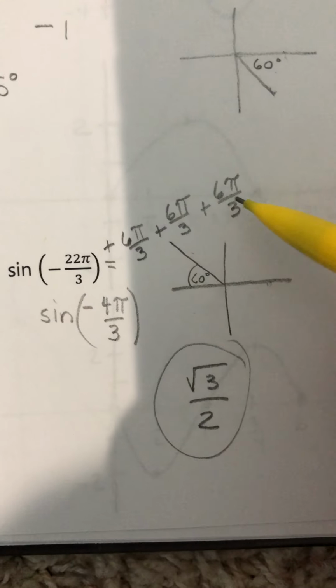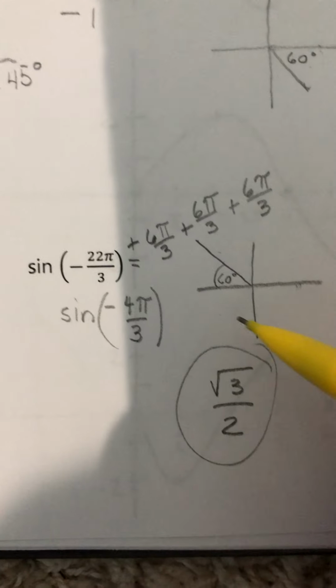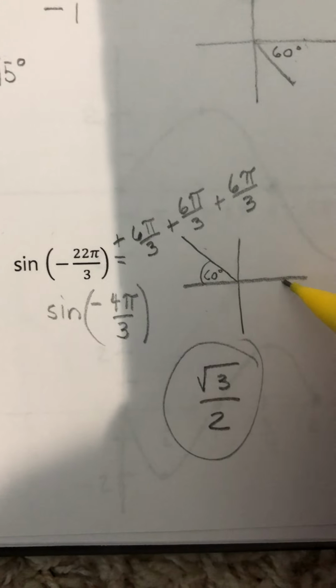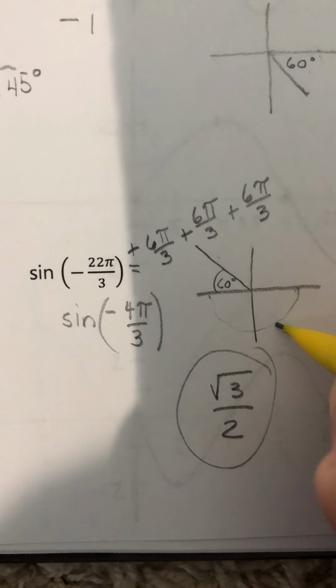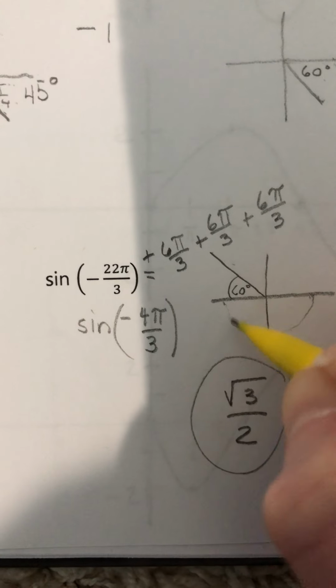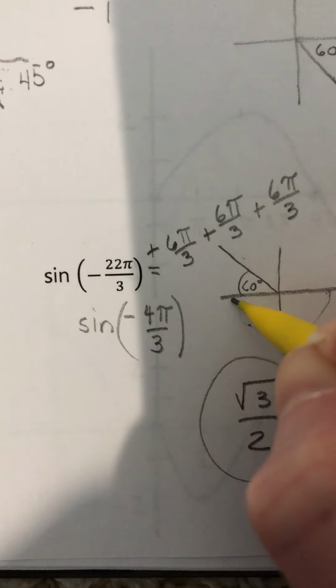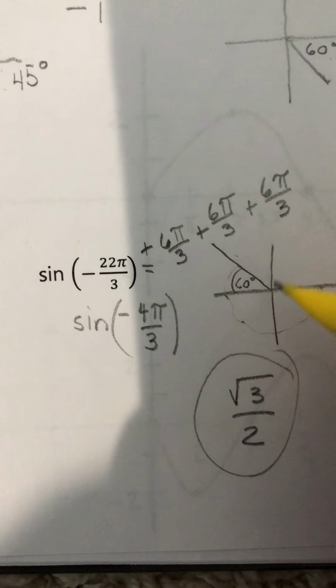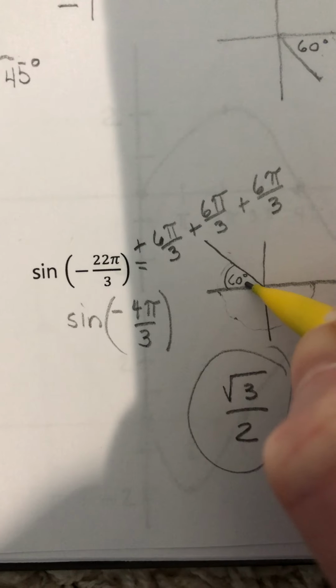Each time I add 2 pi, I'm adding a rotation, or actually I'm going this way. Dividing this pi into 3 parts: 1 pi over 3, 2 pi over 3, 3 pi over 3, all negative because I'm turning clockwise, 4 pi over 3, that leaves me a leftover pi over 3.